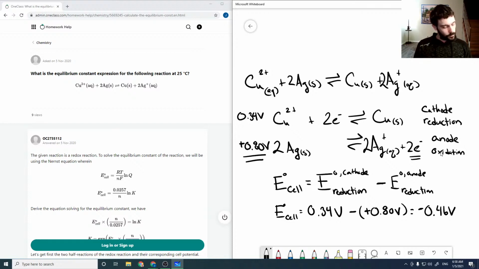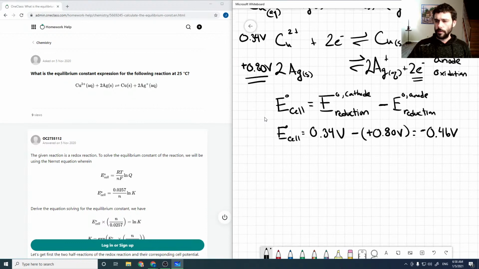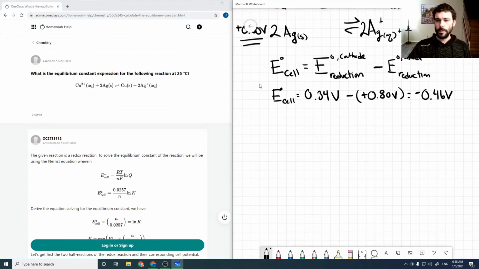Okay. So that's our cell potential. And this is already our first clue that this reaction is in the wrong order. If our E0 cell was positive, then the reaction would be spontaneous, it would flow. But because it's negative, it's actually going to flow in the opposite direction. But that's okay, we're going to compute the K regardless.